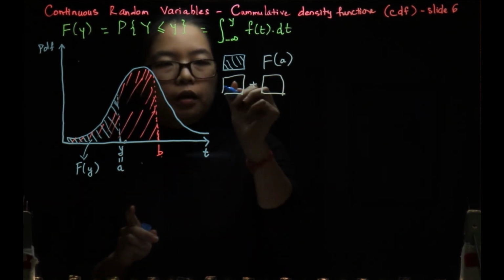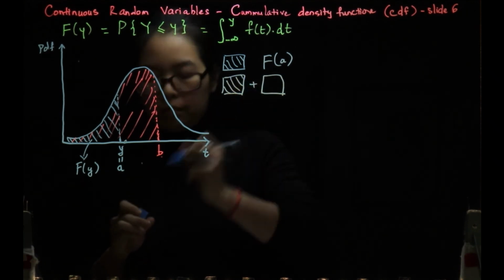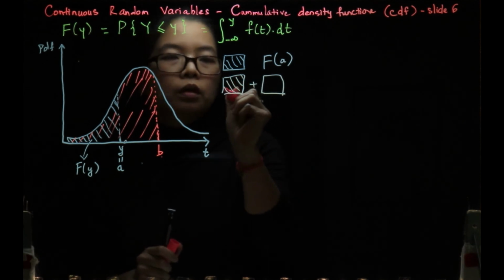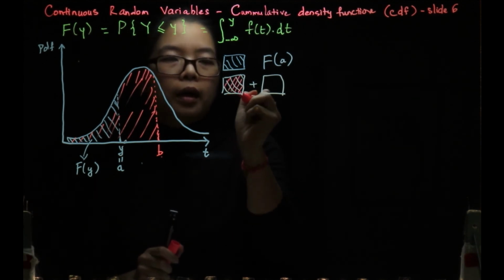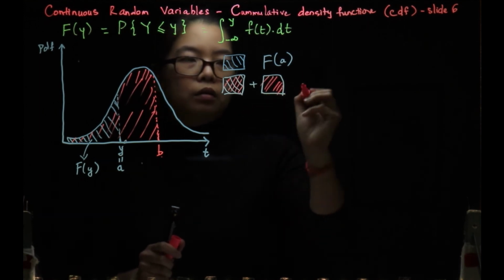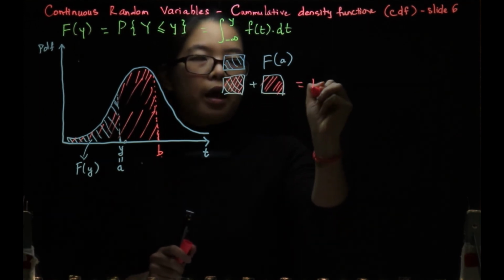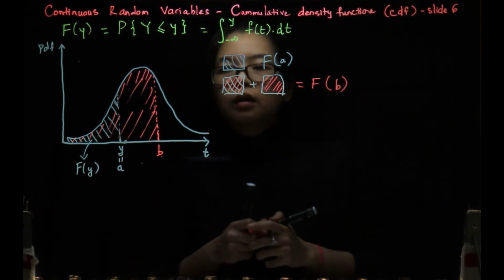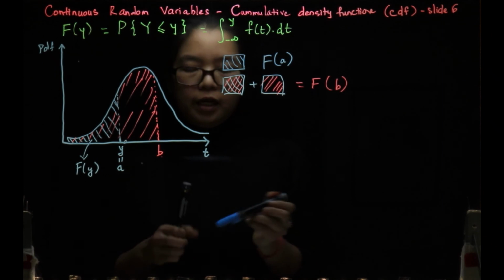One area where the pink overlaps the blue, and the area with the pink alone is F(B) now.